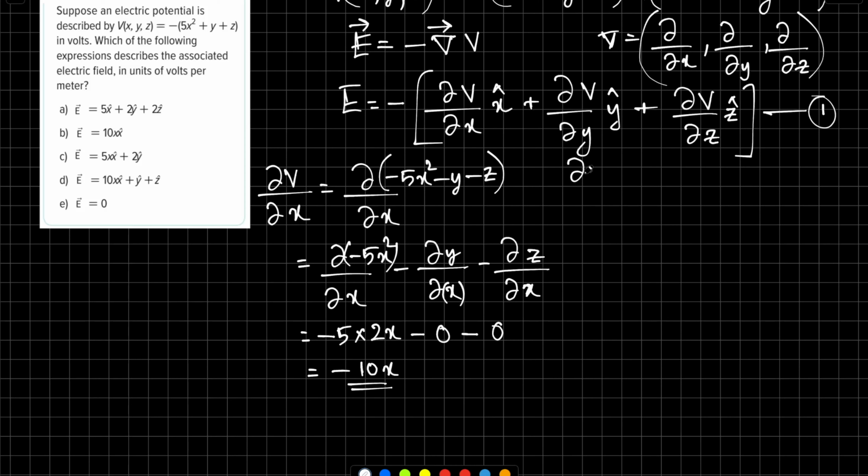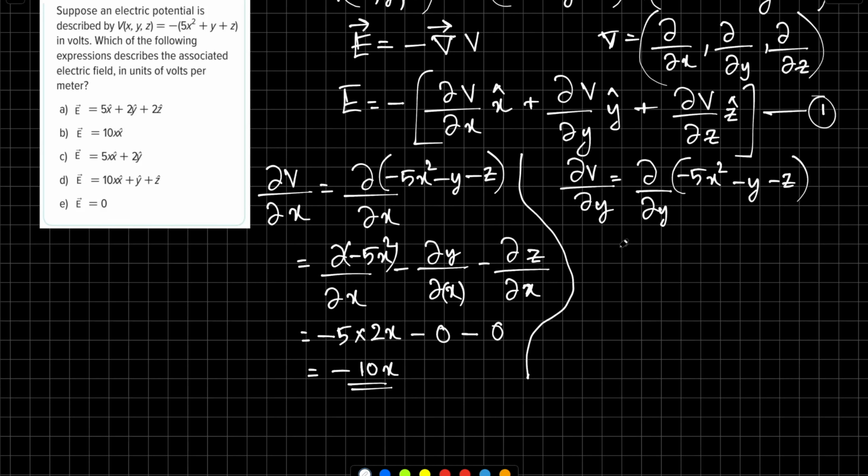Let's find ∂V/∂y. Same method: ∂/∂y of minus 5x² minus y minus z. So ∂/∂y of minus 5x², minus ∂y/∂y, minus ∂z/∂y.